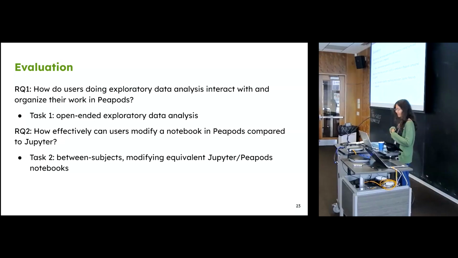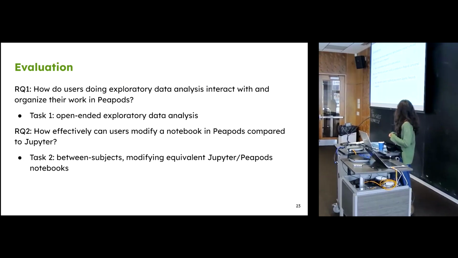And then for the second, one of our goals with this work is to make notebooks, which are notoriously messy and become harder and harder to use as they grow in size, more maintainable. Our hope is that Peapods makes notebooks more maintainable in the long run.